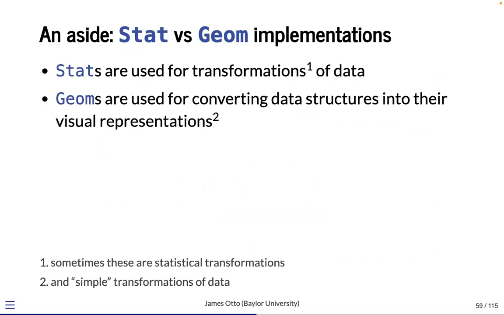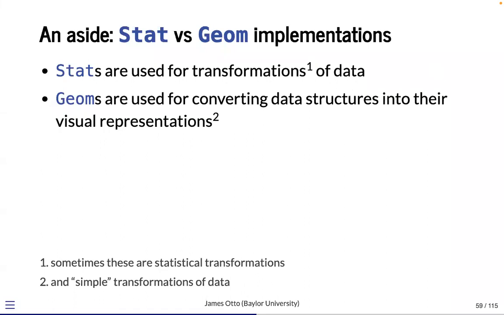There's not really anything out there that I found that says definitively what geoms should be and what stats should be. But my understanding is that stats are used for transformations of data, and that geoms are used for converting data structures into visual representations.